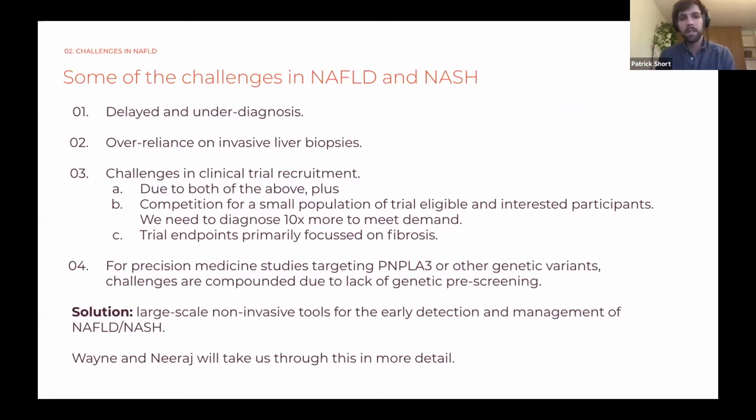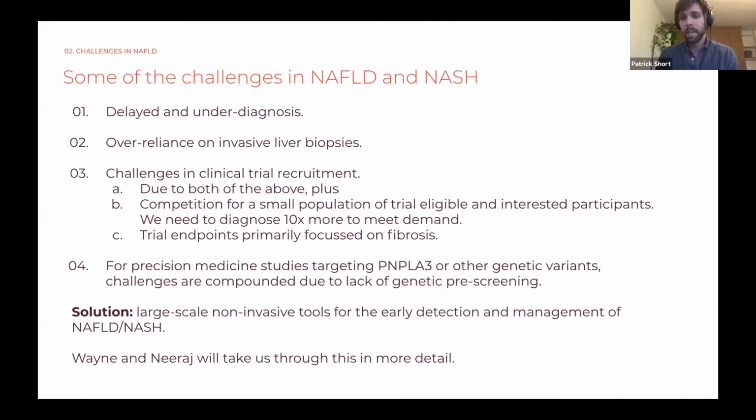And finally, one that's probably not as big of a challenge for most of these groups, but is an emerging one, is there's a number of studies that are starting to target genetic subtypes or people carrying genetic risk factors for NAFLD, NASH, and cirrhosis, including the gene PNPLA3. And there's additional challenges here, which is that genetics is not mainstream in the context of this condition or many others.